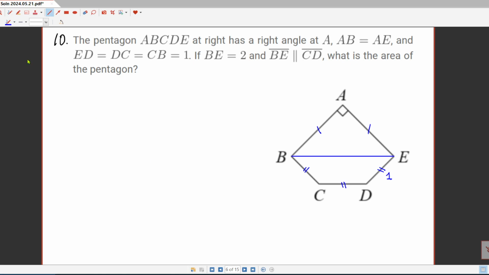So first of all, let's connect BE. Since AB equals AE, and we also know angle A is 90 degrees, right? So triangle ABE is a 45, 45, 90 triangle.